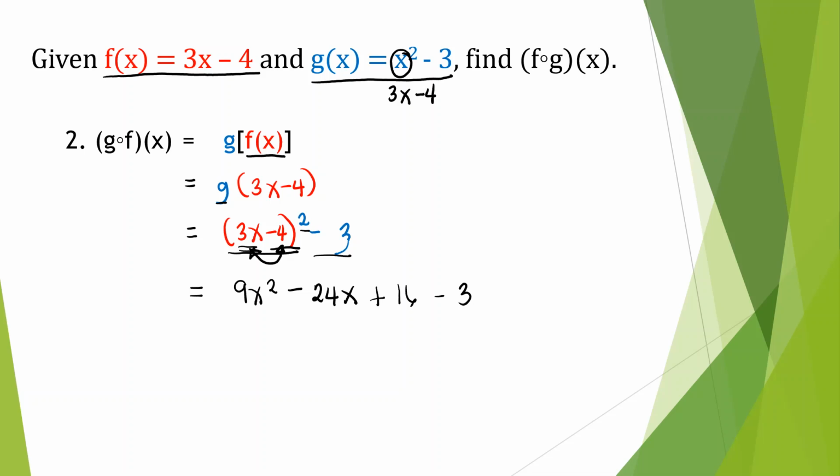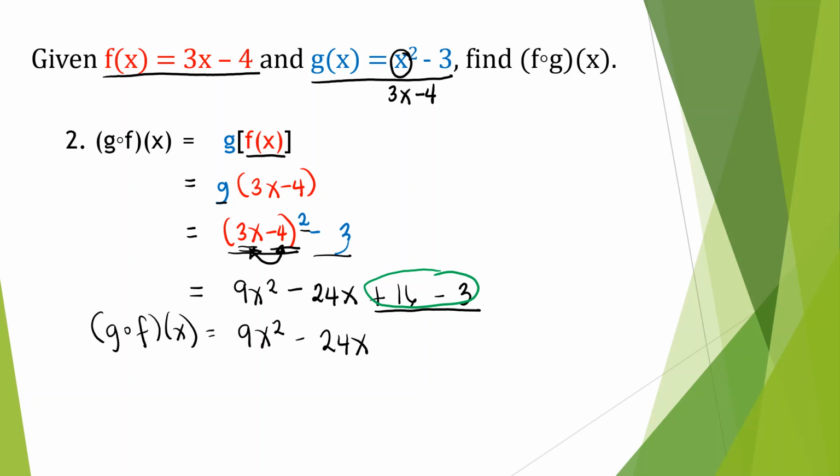Next, let us combine like terms. We can combine positive 16 and negative 3. So the final answer will be g circle of f of x is equal to 9x squared minus 24x. Positive 16 minus 3 is positive 13. So this will be our final answer.